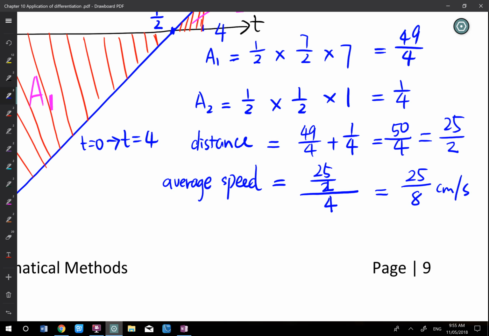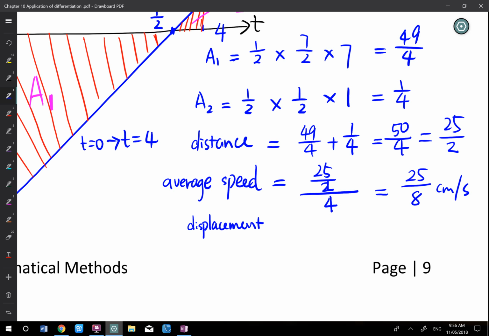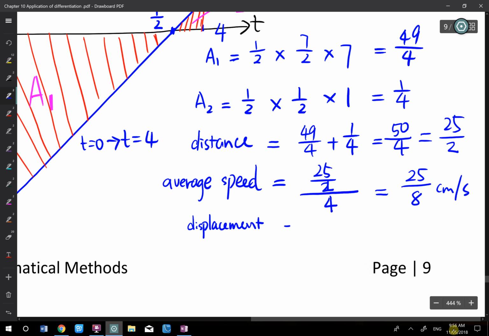Okay, we can also think about the displacement. We can also think about displacement by this graph and compare with our answer before. So the displacement will be the top area, which is a quarter, minus the bottom area, which is 49/4. That gives me minus 48/4, and that's minus 12 centimeters.